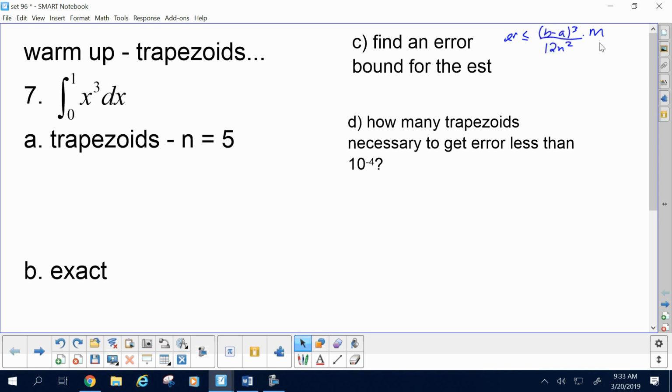I didn't identify M, but remember M stands for the maximum or an upper bound for the second derivative on the interval.